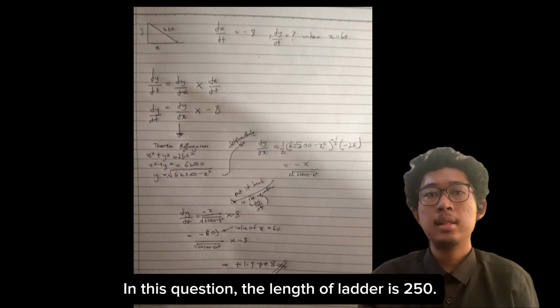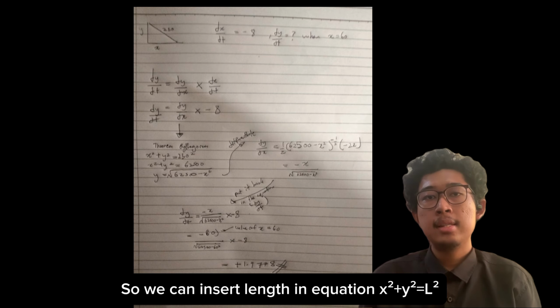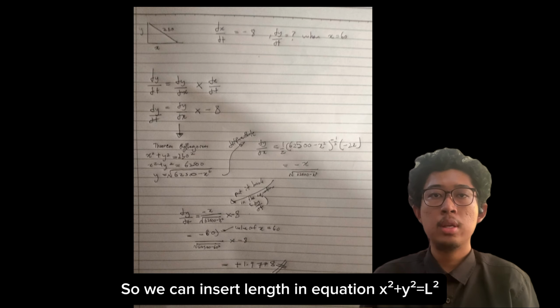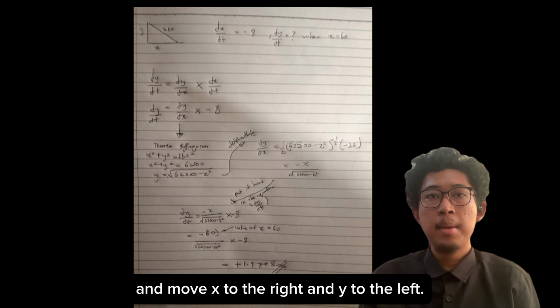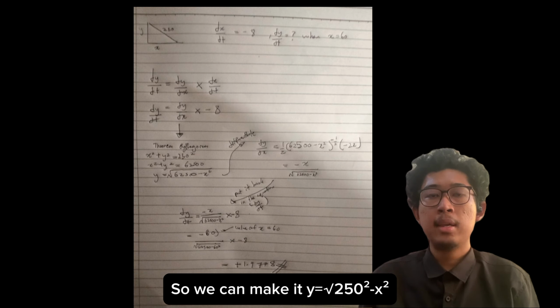In this question, the length of the ladder is 250. So, we can insert length in the equation x power of 2 plus y power of 2 equals length power of 2 and move x to the right and y to the left. So we can make it y equals square root of 250 squared minus x squared.